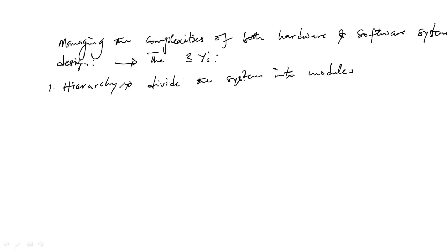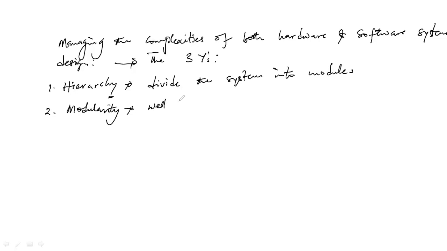Then the second Y is modularity. In this case, it states that the modules have well-defined functions and interfaces.